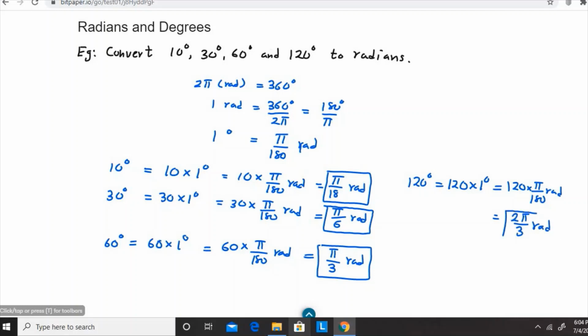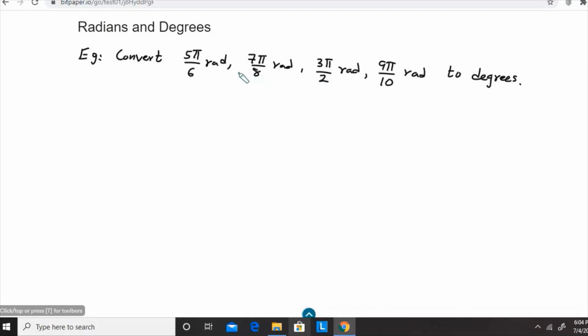So this is how you convert from degrees to radians, and this is very important. In the coming chapters you will see we are going to use this very frequently. This whole idea of converting from one unit to another is called unit conversion, and in a separate video I will again discuss some of these examples. Okay, so now let's go to the next one.